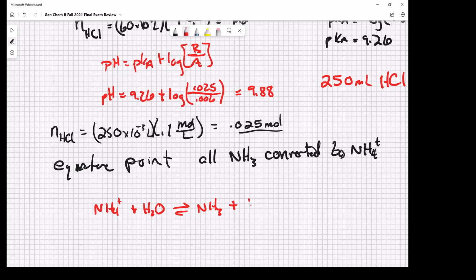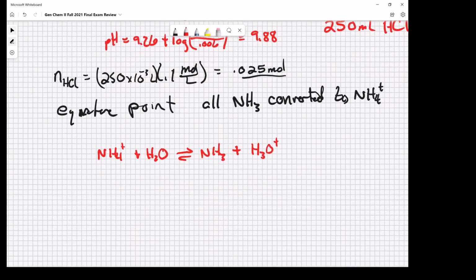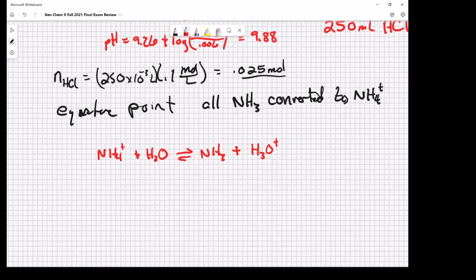H3O plus. This is a Ka equation: acid plus water gives me conjugate base and H3O plus. So there's a Ka associated with this equation. We calculated that Ka already. What is that Ka?